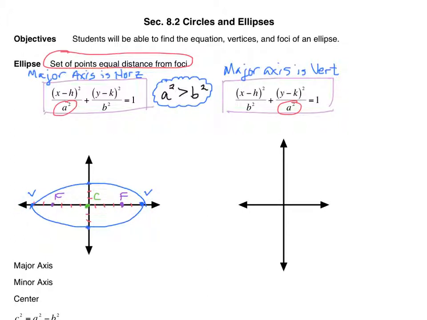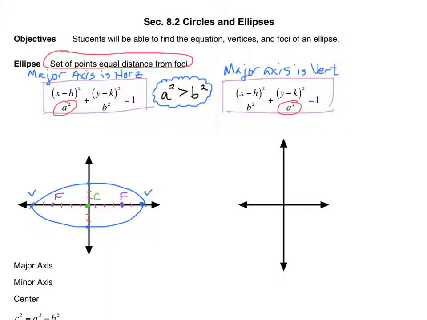Now, if I took a squared and took the square root of that, that is the distance from the center to the vertex. A is the distance from the center to the vertex, whereas if I took the square root of b squared, I got b. B is the distance from the center to the minor axis vertex, and so it's always half that distance.